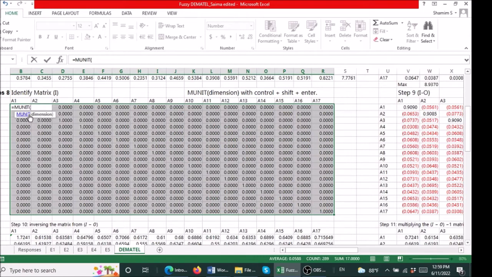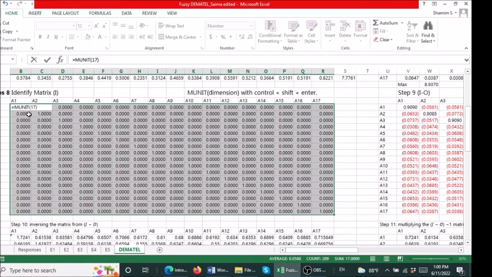So what is the dimension? Our dimension is 17, we have the 17 times 17 dimension. So close the bracket, but don't press only Enter.